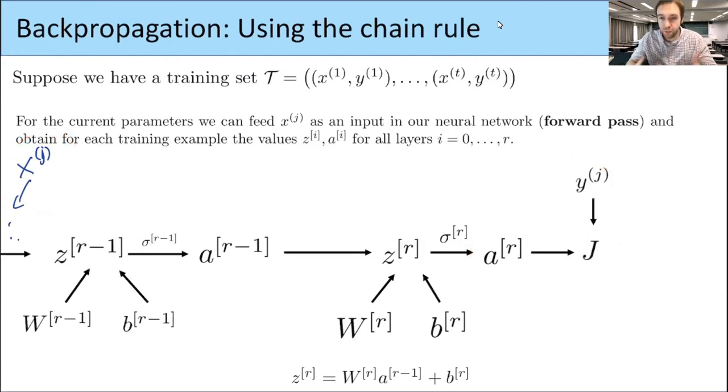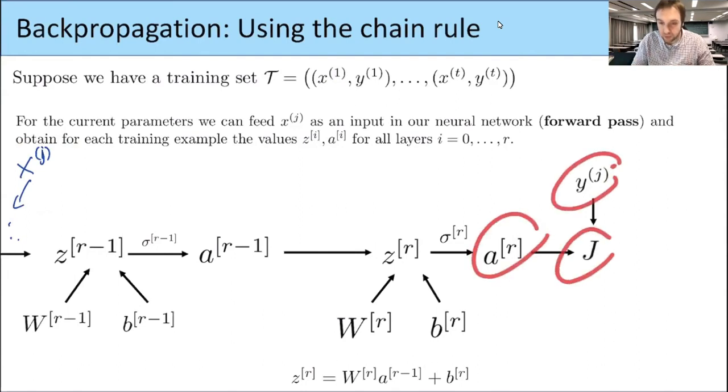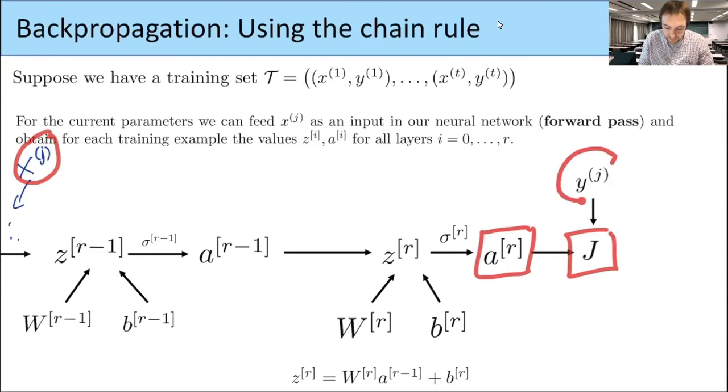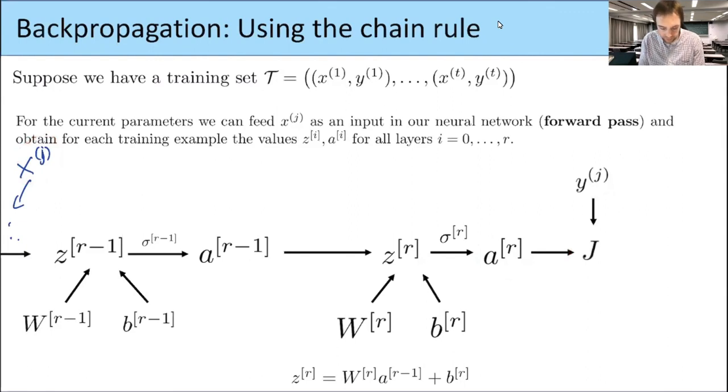There are different ways to do this. For example, it could take the difference and then take the norm or the square, whatever cost function you use. But the input of the cost function J is always the output of the neural network, given the training feature as input, and the corresponding training label.